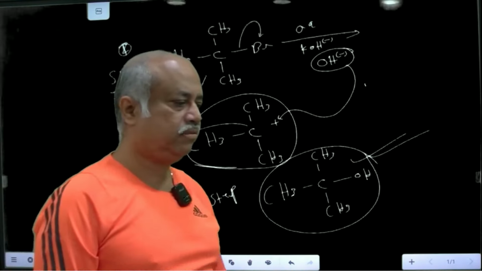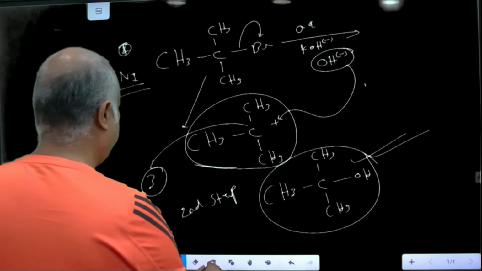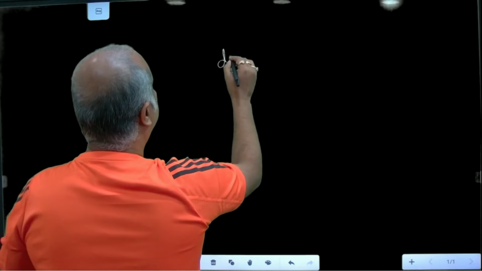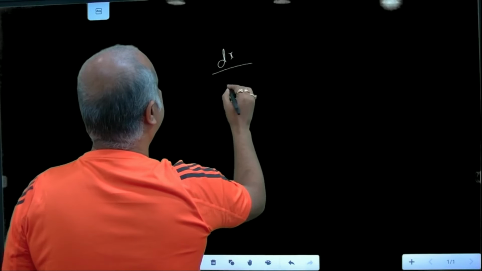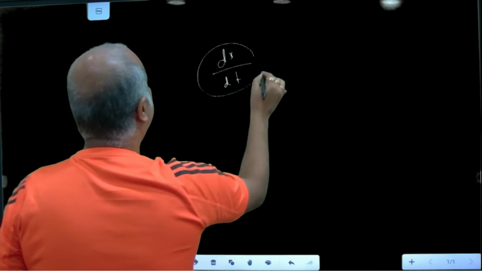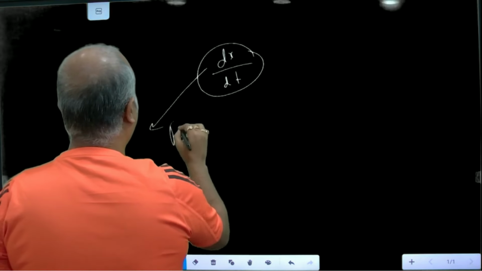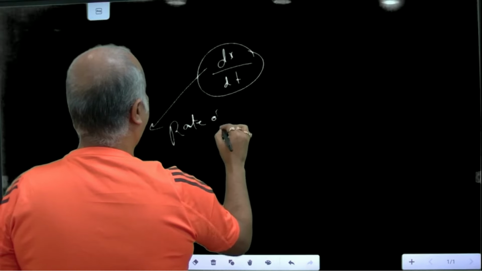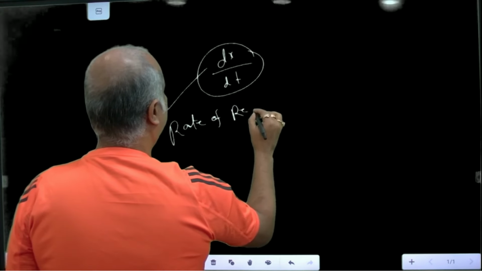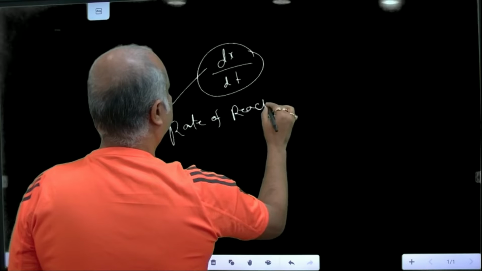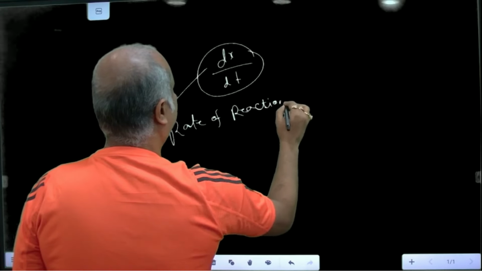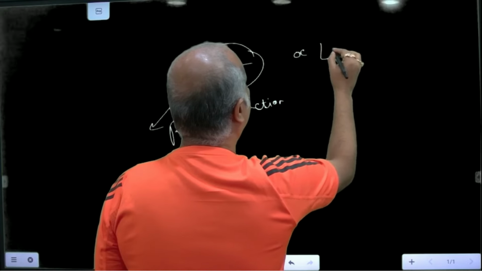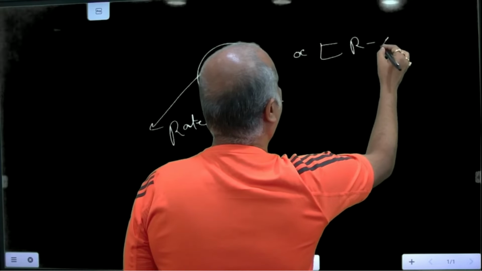One thing to remember: dx by dt, that means rate of reaction. dx by dt is directly proportional to the concentration of alkyl halide.